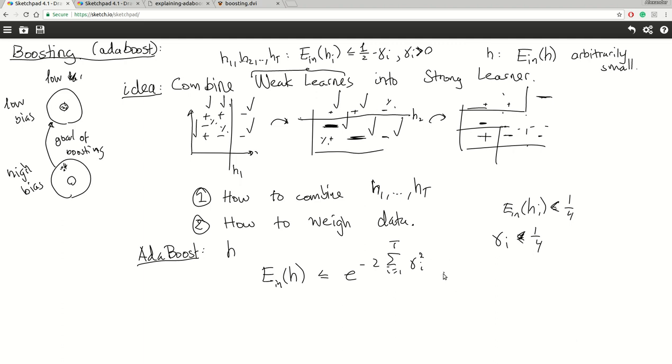So then this thing will be less than or equal to e to the minus 2 t times a quarter squared. So this is like an eighth, right? So it'll be exponentially decreasing in t. This is the thing I wanted to show you. You can maybe try another example, and maybe I fumbled around with the small numbers, but the idea is that the in-sample error will be exponentially decreasing in t.